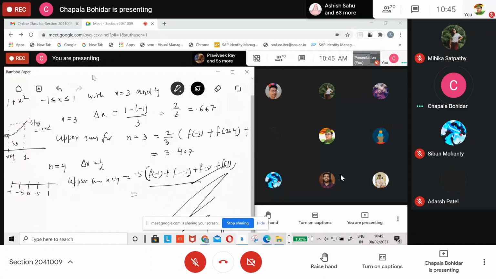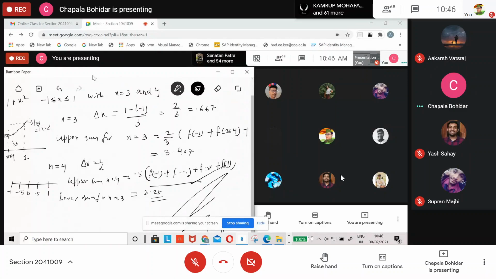For the lower sum, that is n is equal to 3, when you find the lower sum, in each rectangle we look at the point where our functional value is minimum. Here delta x for n is equal to 3 is 2 by 3.